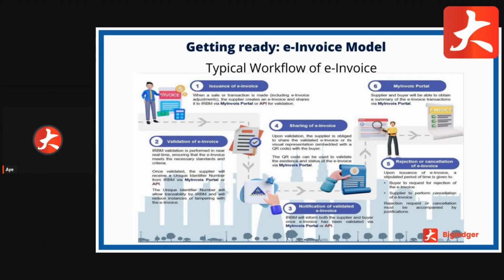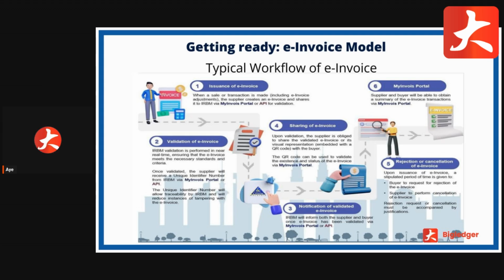Second, after you submit the e-invoices to the IRBM, they will validate your e-invoices. Then, if your invoice is successfully validated, third, you will receive a notification of the validated e-invoice.